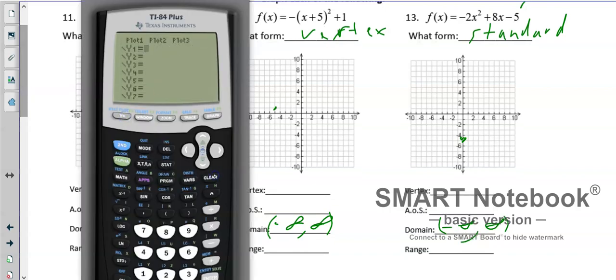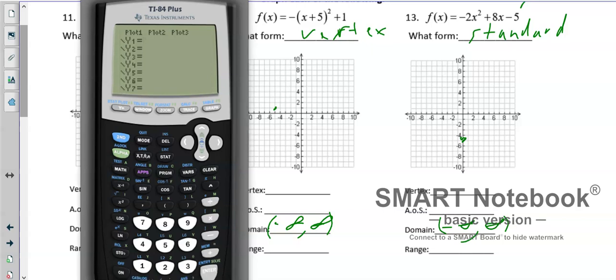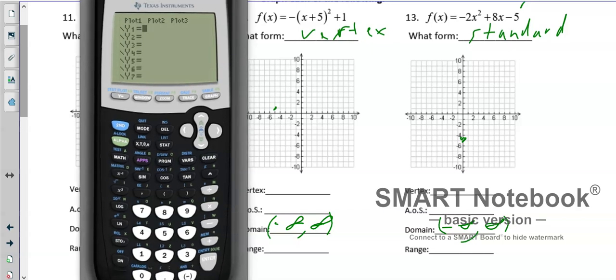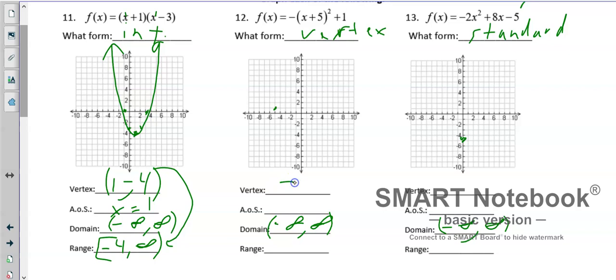Y equals, cleared out. We have the negative, parentheses, x plus 5, parentheses, squared, plus 1. Okay? Now remember, we already know that the vertex is at negative 5, 1, which gives our axis of symmetry at x equals negative 5.